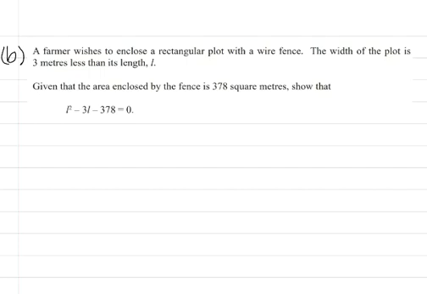The width of the plot is 3 meters less than its length, L, and given that the area enclosed by the fence is 378 square meters, show that L squared minus 3L minus 376 is equal to 0. All right, so this is our situation. There's a rectangular plot of land.